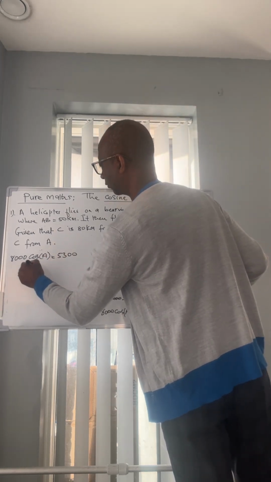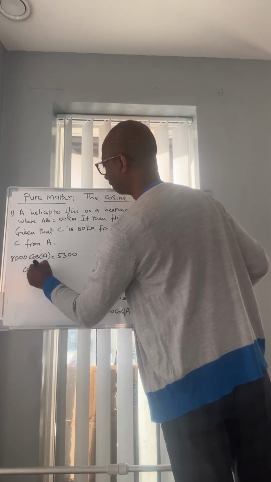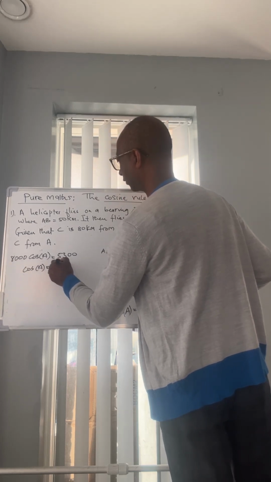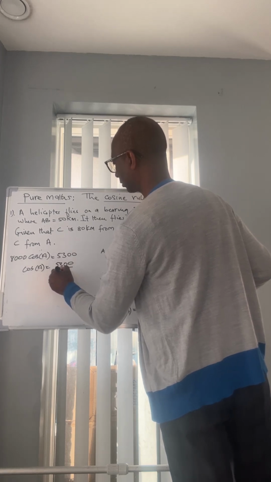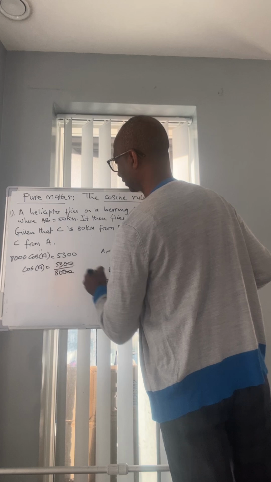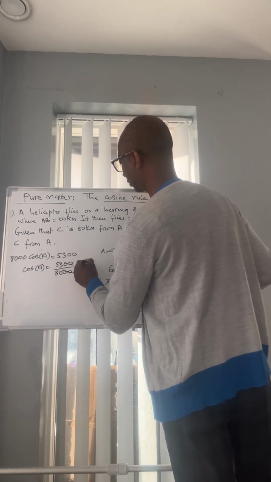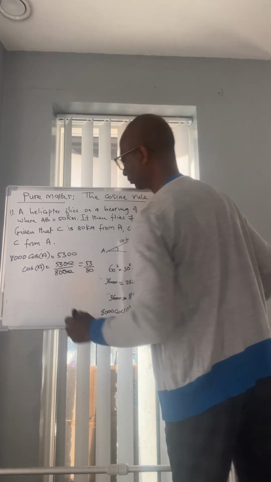So the cosine of A must be equal to 5300 all over 8000. The zeros cancel, so you now have 53 over 80.